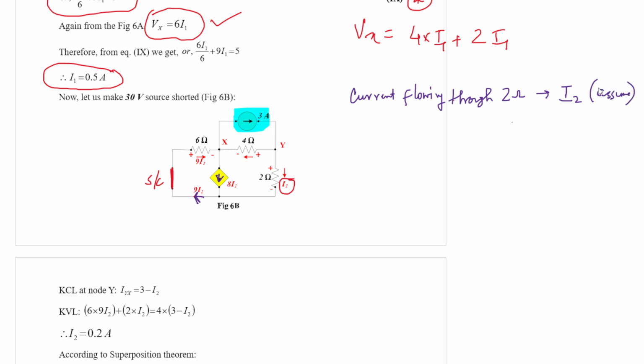Since this is I2, the magnitude of the current source is 8I2, as per the convention of the dependent source.